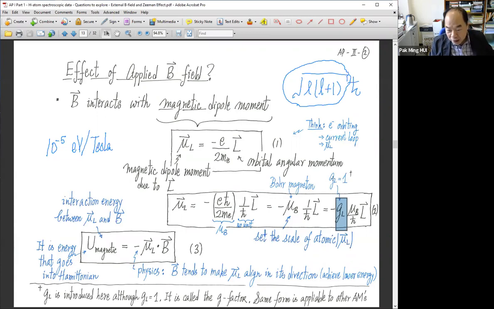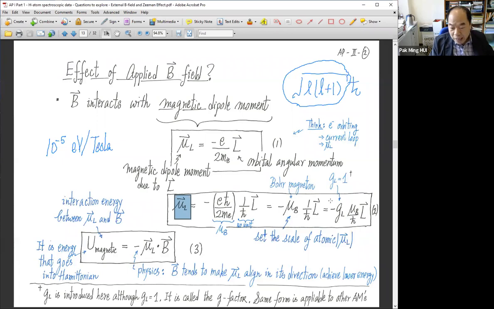This is G subscript L, meaning it is the G factor for the orbital angular momentum. It is meaningless for the moment, but this form will be rather general. A G factor, mu B, and the angular momentum divided by h bar. Okay, that will give you the magnetic dipole moment.